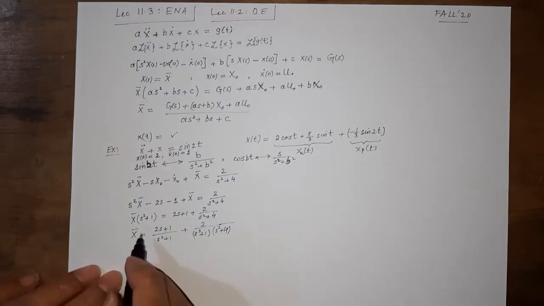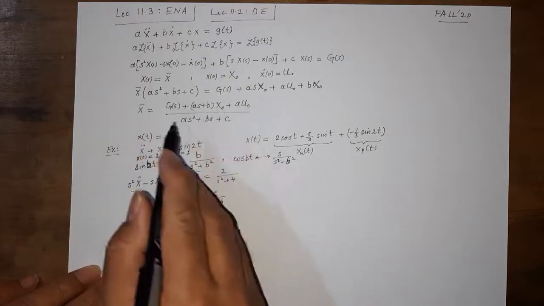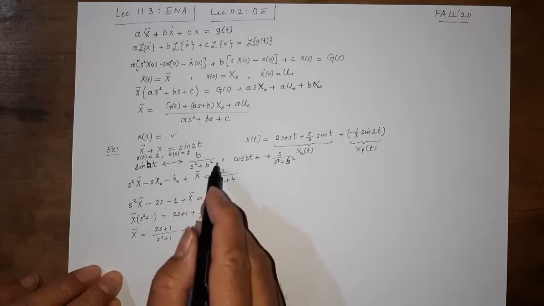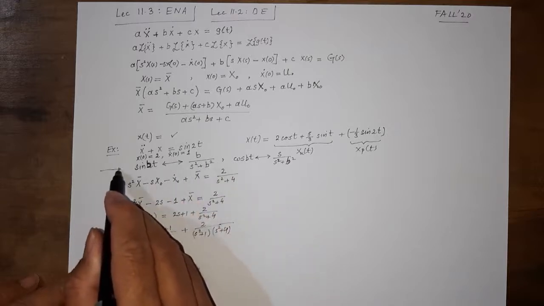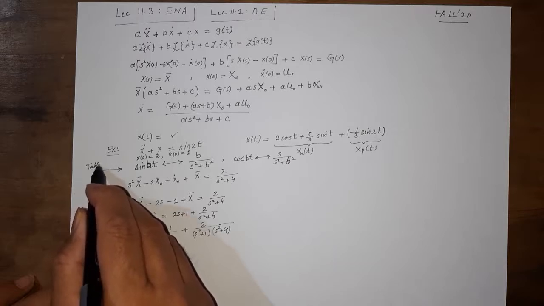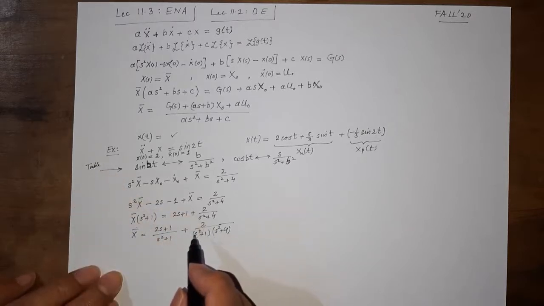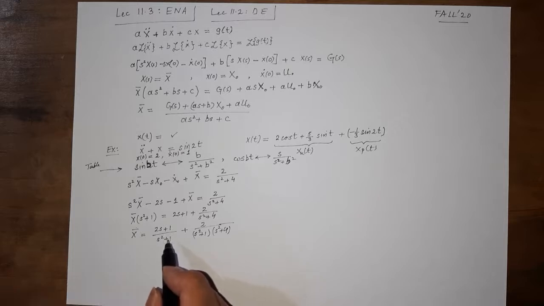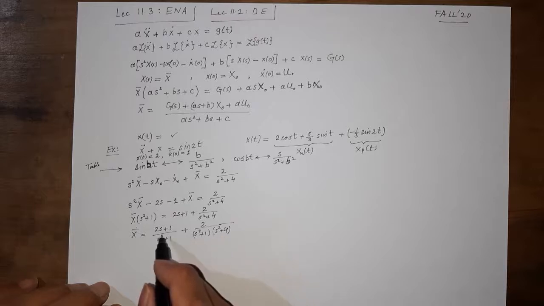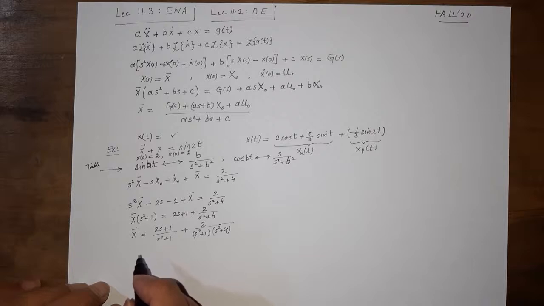The idea that we were stuck with here is to write x bar in such a way that we can use the table entries that are relevant to us, to see what the various terms would have as the equivalent expression in the time domain.